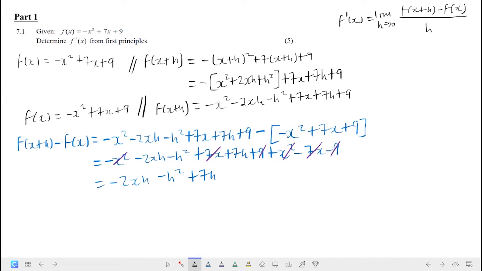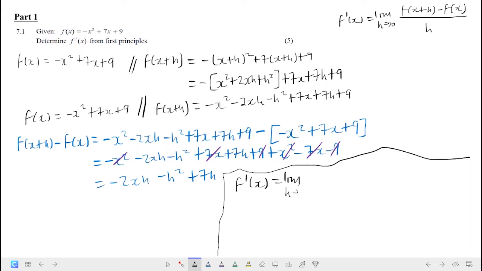Now, from here, now that we have our f of x plus h minus f of x, we can then go into our equation for the first principle. Now, the first principle says it is limit as h approaches 0 of f of x plus h minus f of x all divided by h.